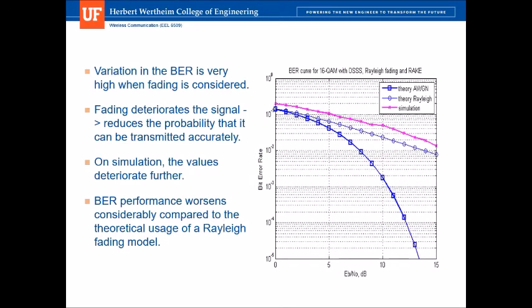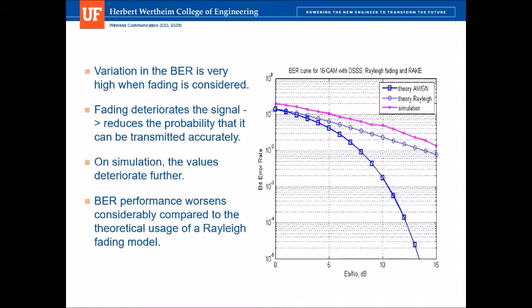The next one is the bit error rate curve for the 16 QAM, which includes the Rayleigh fading, theoretical Rayleigh fading and the simulation. So the theory AWGN is what we had done in the previous graph. So this is for the present graph. If you can see, when the Rayleigh fading channel is introduced, the bit error rate does not drop drastically, and when AWGN is considered, then it reduces the probability that it can be transmitted accurately.